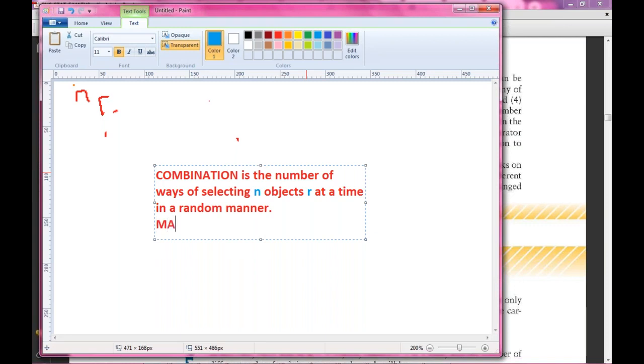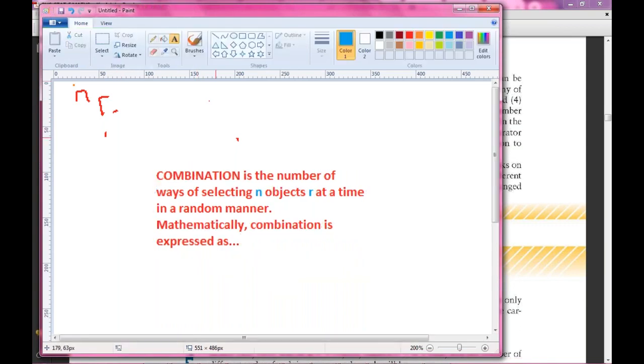Mathematically, combination is expressed as n combination r.